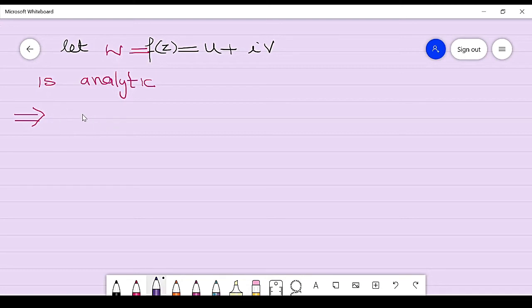By definition, f'(z) exists and has the same value along every path.